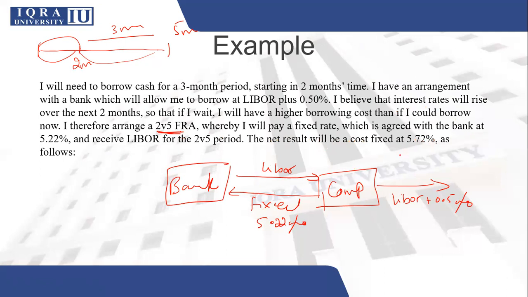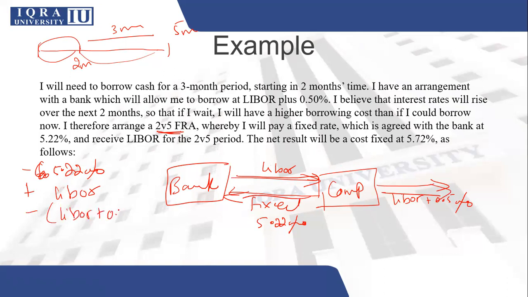So you can do it in exactly the same way that you do it for a swap. He's going to pay fixed 5.22%, right? And he's going to receive LIBOR, so plus LIBOR. And he's going to pay LIBOR plus 0.5%.